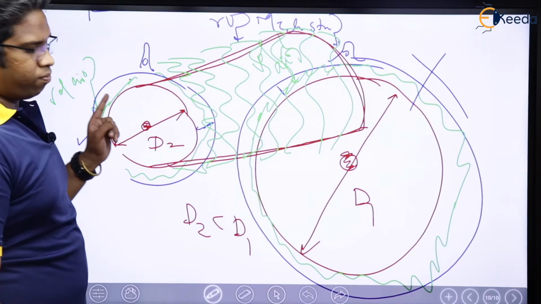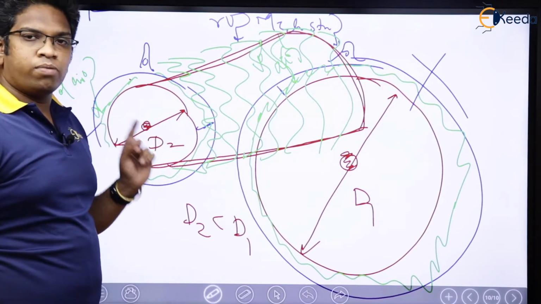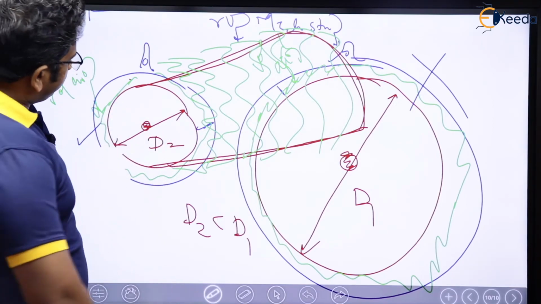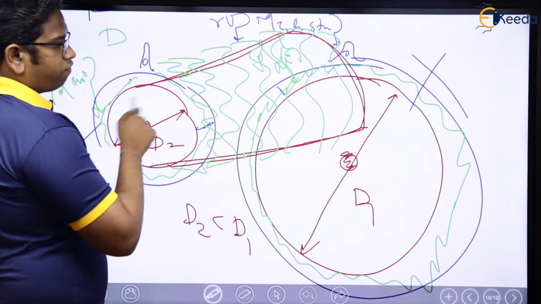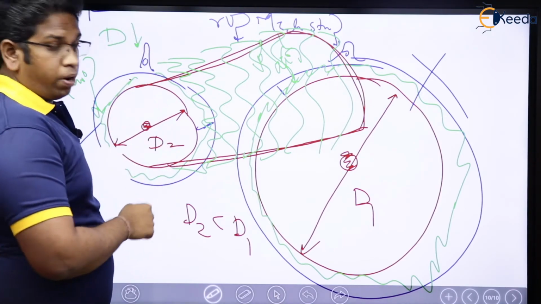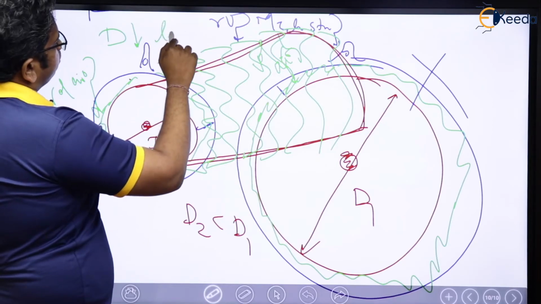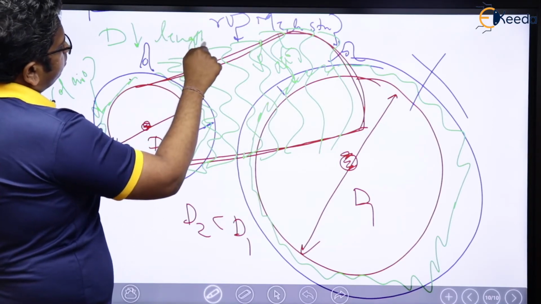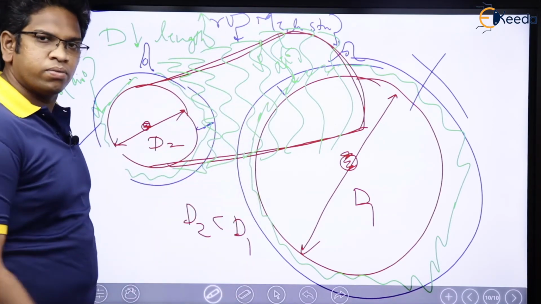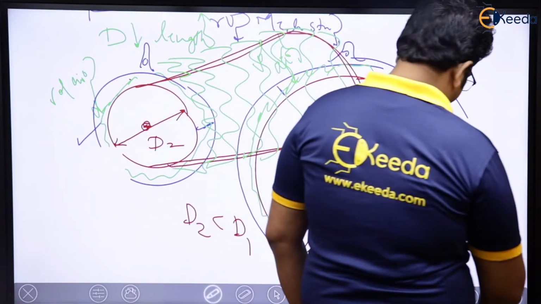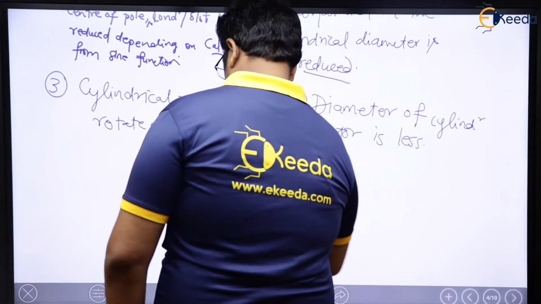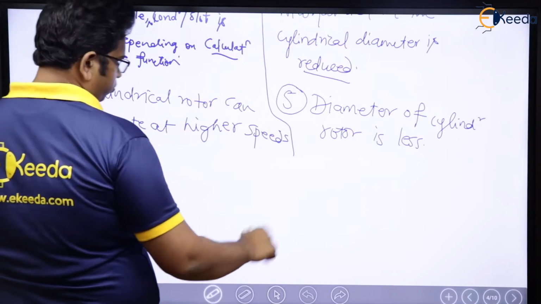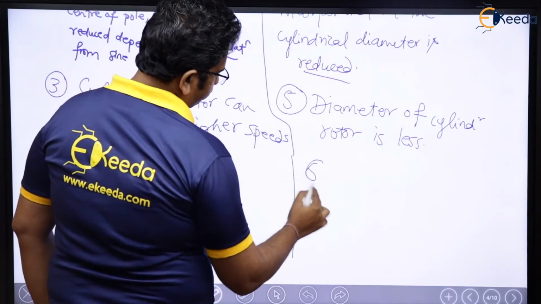So what is another observation from here? It is that the diameter of a cylindrical rotor is less, but the active length is going to be more. Let us write that.